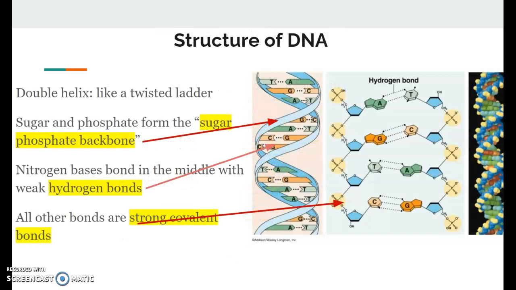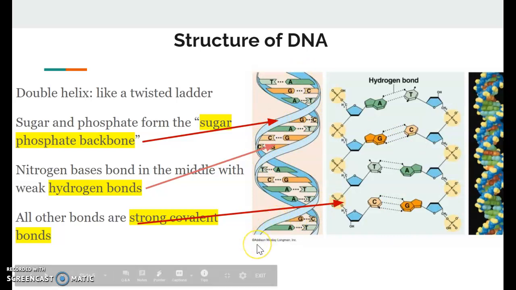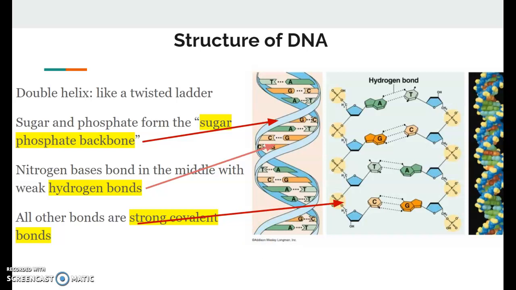The structure of DNA, as I said before, is a twisted ladder, a double helix, right? It has a sugar and phosphate backbone. So this part here that we're pointing to, this light blue part, that's the backbone. A lot of times you get asked questions, they'll show you a blank picture of the DNA, and they'll ask you to identify the backbone, right?